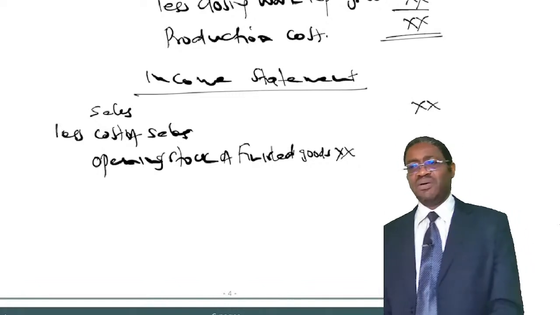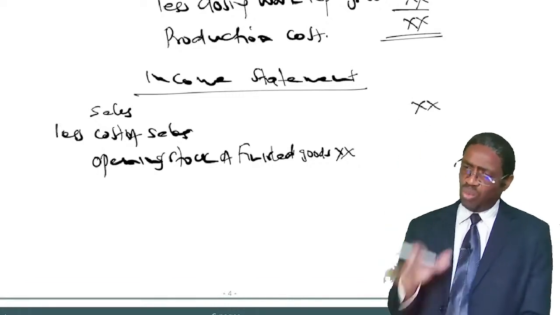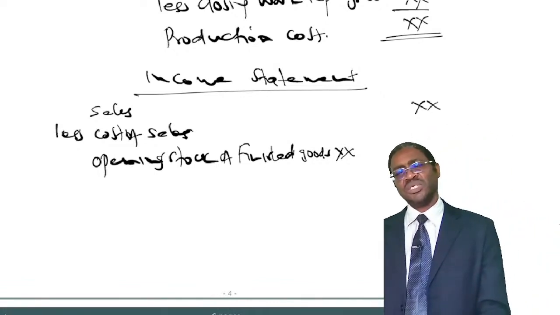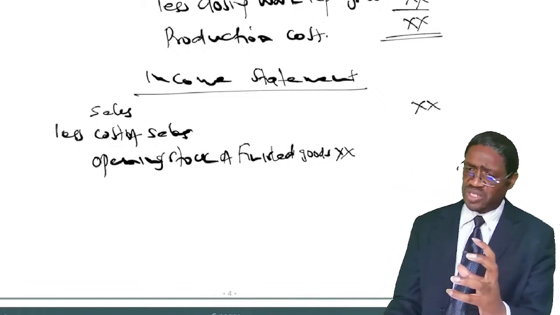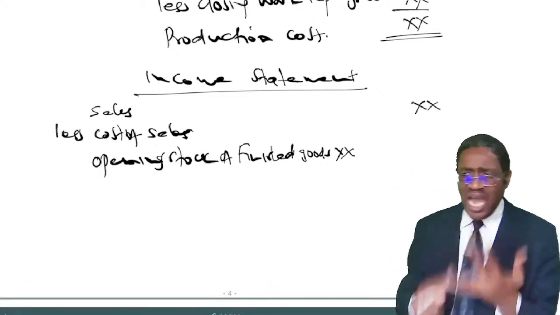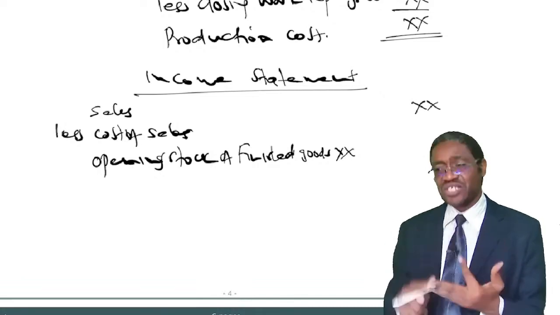Listen carefully now. When you are doing a normal income statement, to get the cost of sales, you normally take the opening stock, you add purchases, and you less closing stock.